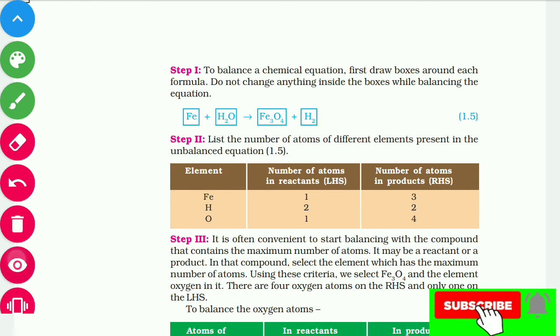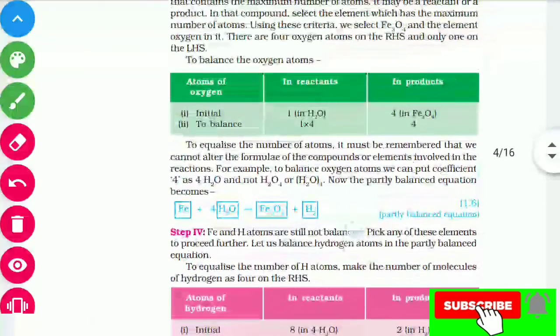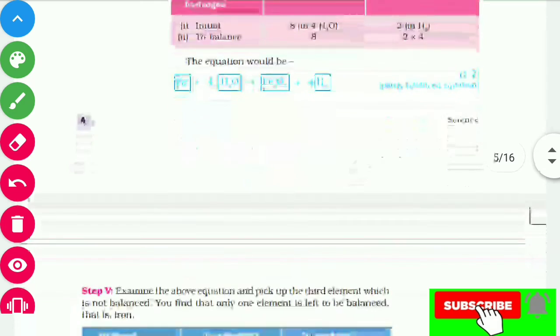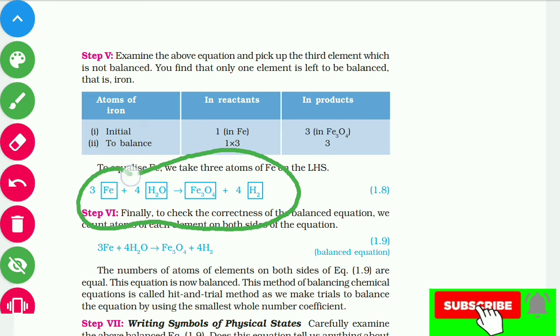Next, you can see what I have told you. In the end, the equation is 3Fe plus 4H2O gives Fe3O4 plus 4H2. Here there are 8 hydrogens, and here also 8 hydrogens.